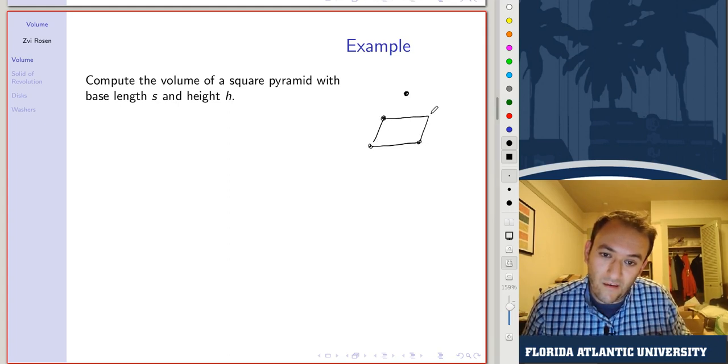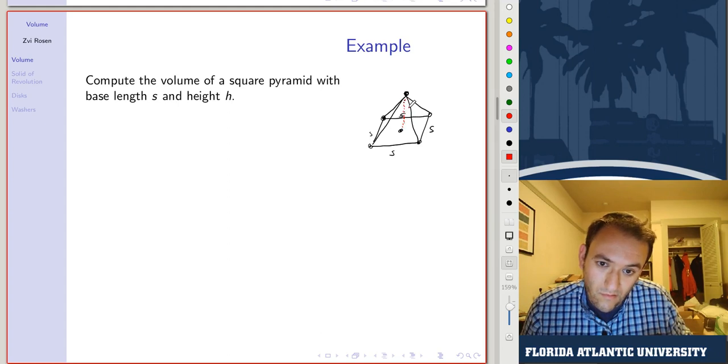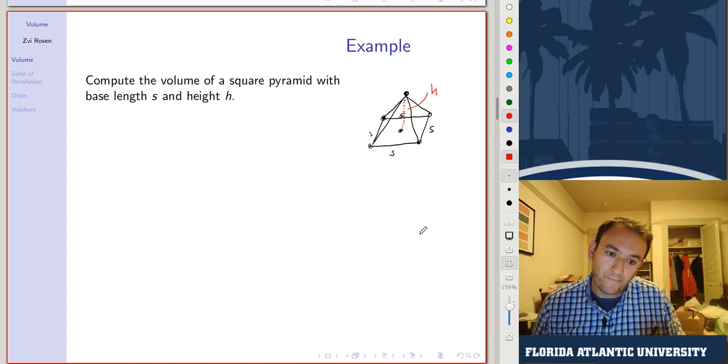Okay, so every side of this will have length s, and then we connect all of these corners to this central point up above, and that's sitting above a central point here. And let's let that be our h. Okay?